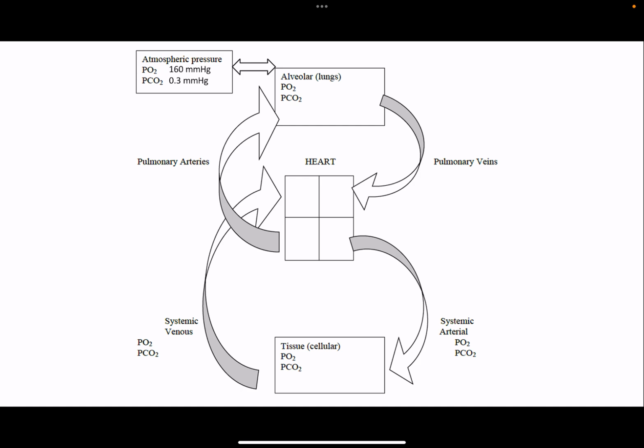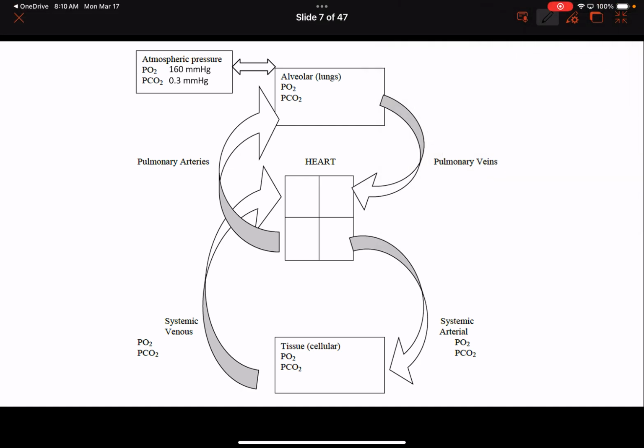So remember, in our atmospheric pressure, the PO2 is going to be 160, while the PCO2 is going to be 0.3, or I mentioned that I'm okay with you rounding to 0. You want to say PCO2 is around 0 millimeters of mercury. That is okay too. So we breathe in that atmospheric oxygen and CO2 from the atmosphere, and that exchanges with the air that's already in our lungs.